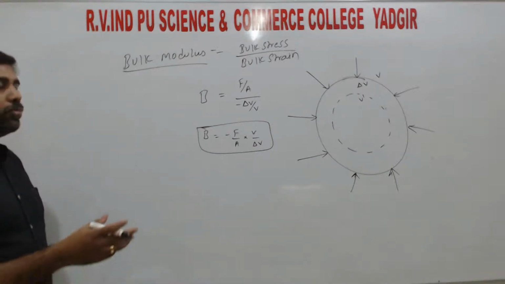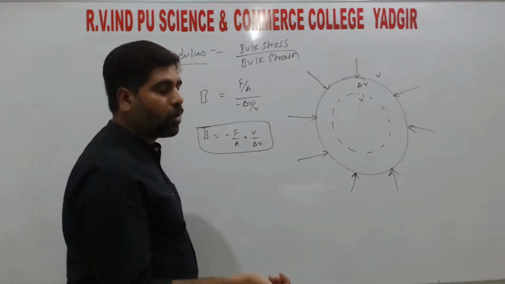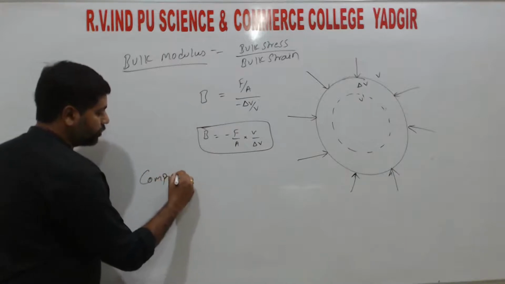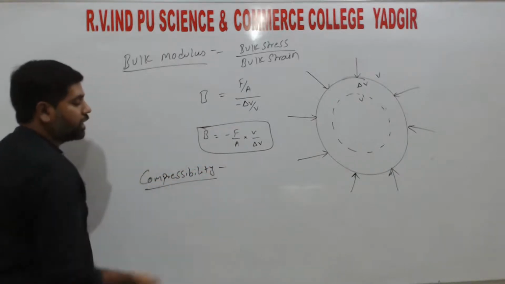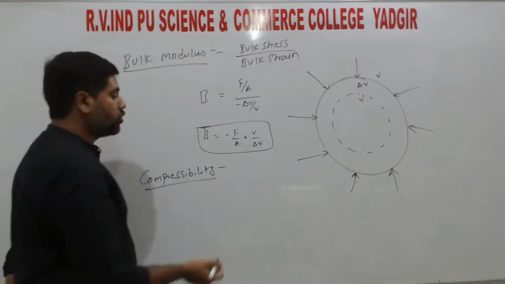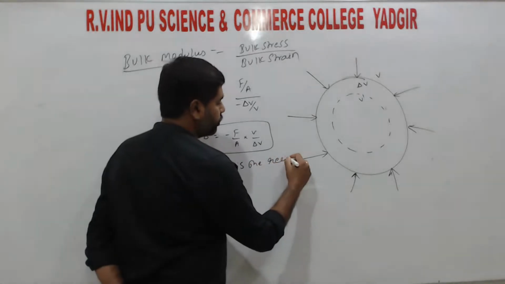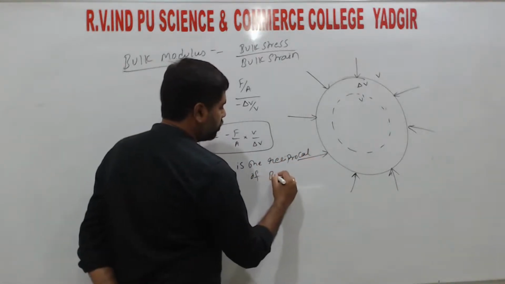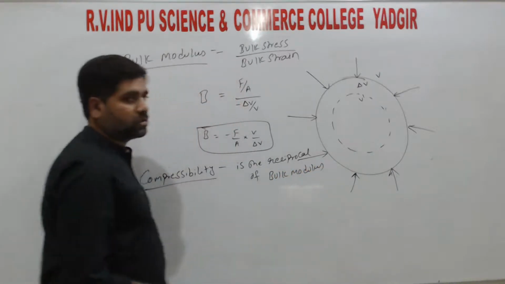So volume is decreasing, and decreasing is nothing but compressing. So one more definition we write here, that is compressibility, right? So what is compressibility? Compressibility is the reciprocal of bulk modulus, right?